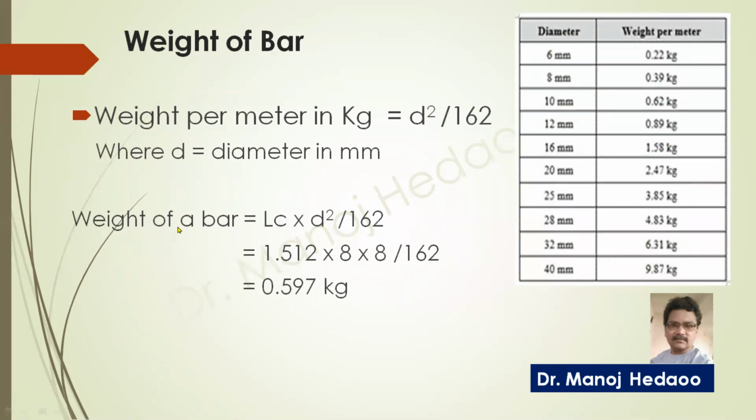So the weight of that bar will be LC into d square by 162, which is 1.512 into 8 into 8 by 162. So it comes out to be 0.597 kg. So here you have calculated the weight of a single bar. If you know the number of stirrups, you can multiply by this weight. There is no need to calculate the length for all stirrups. So this is also a simple way.